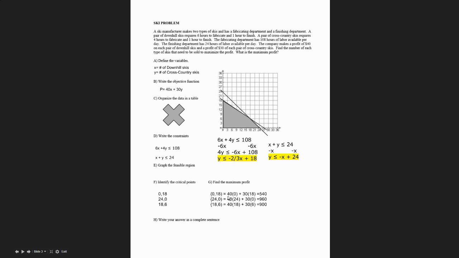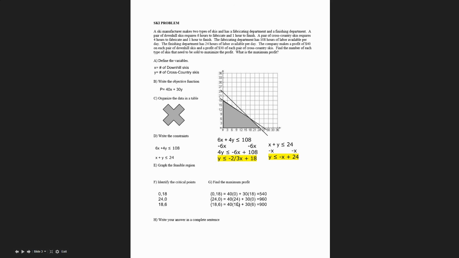So when you plug these into your profit equation, (0, 18) would be 40 times 0 plus 30 times 18. You get a profit of $540. So that would be 0 downhill skis and 18 cross-country skis. If you make only downhill skis, you can only make 24 of them.